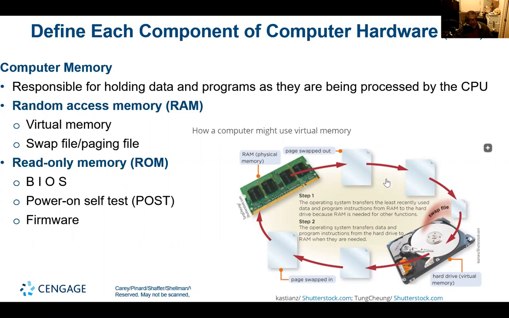I don't know if you guys have ever noticed, but when you first turn on your PC, it makes a bunch of beeps and little sounds. That is your POST test. And then there's the firmware. Firmware is located in the ROM also, but you can't write to it.